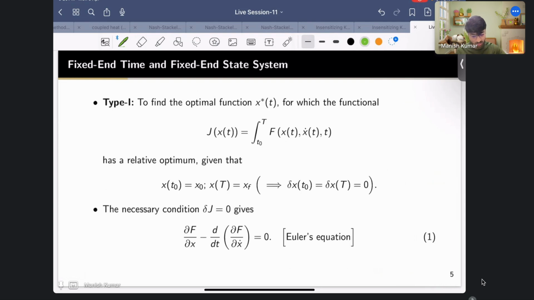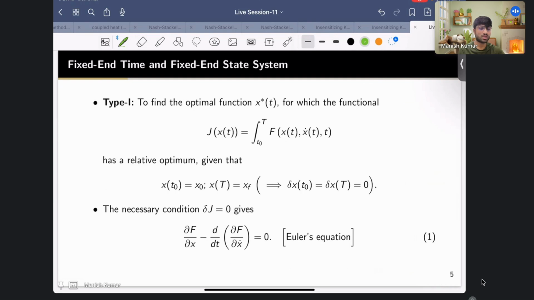So we'll see a few kinds of problems, what kind of optimal problems there are. We'll see mainly two types. When we are talking about the control problem, the first thing is that we will be given a system, and there will be an initial condition to that. Now the question is whether the terminal data is fixed or not.